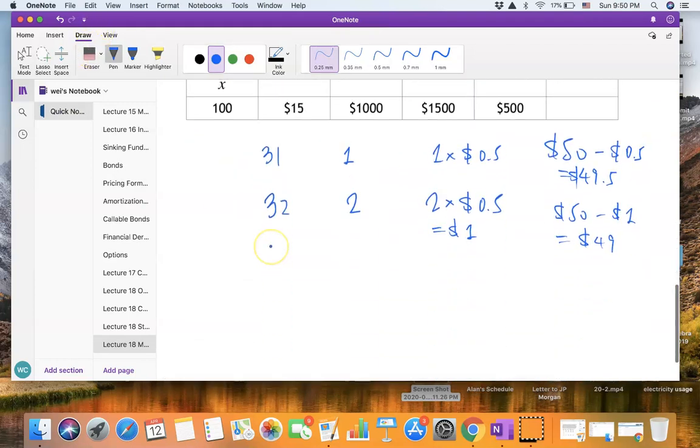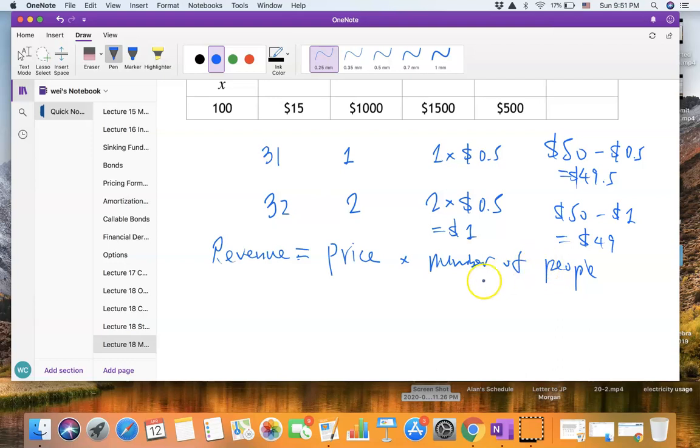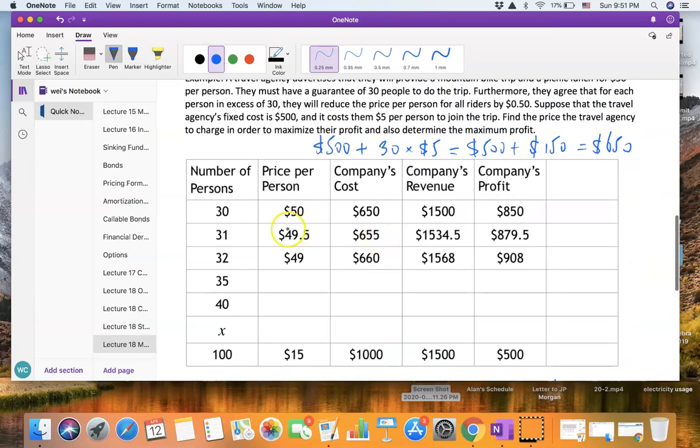Now the company's revenue. Let's think about what is revenue for this company. The revenue of this company equals the price they charge for each person times the number of people who are joining this event. When there are 30 people and the price is 50, the company's revenue is 1,500.